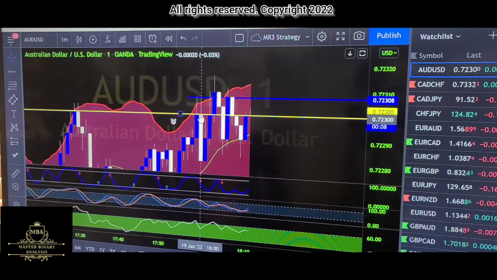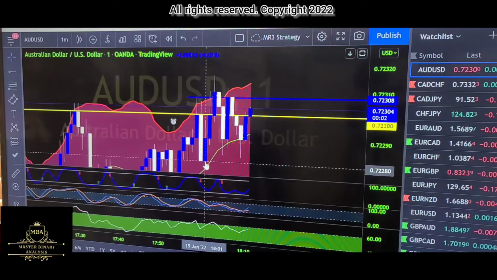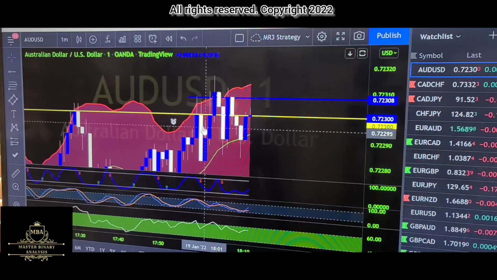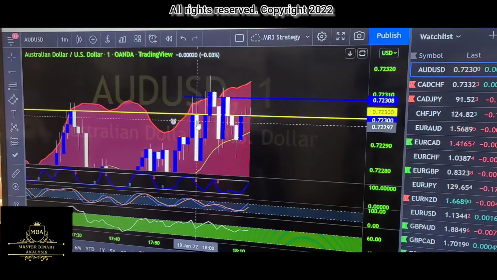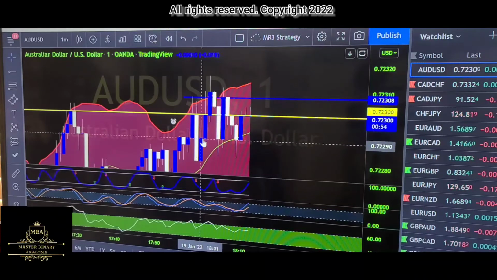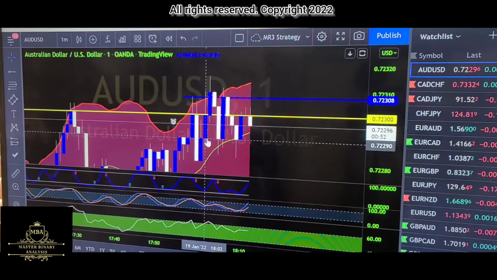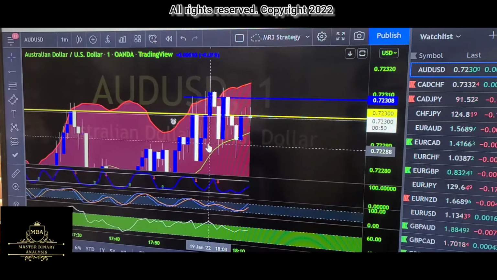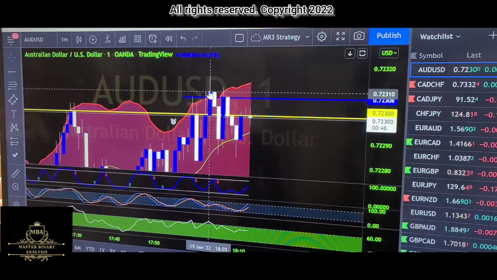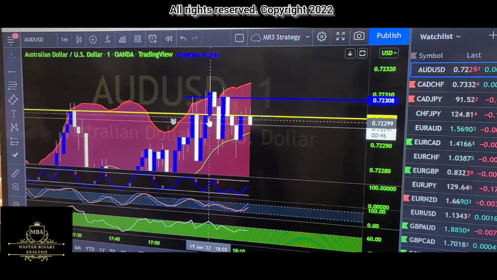Next one, it opened here, went as high as here, and ultimately ended down here. The following candle opened right here, went all the way as high as here in this wick, but closed here. The next one opened here, came down as low as this, went all the way up there, but ended here.